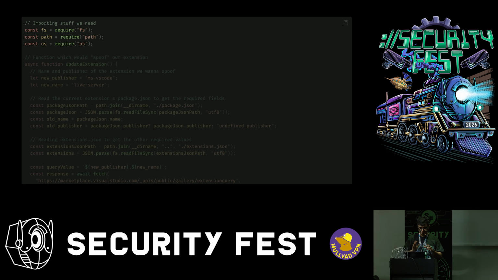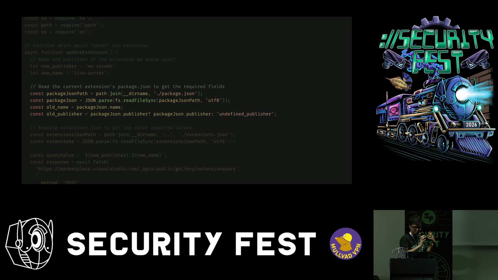We write a little JavaScript, unfortunately. Nobody should do that. We import some stuff. We write a function which updates the extension. These are targets. We want to pretend that we are Microsoft's Live Server. We read our package.json. We get the inputs we want.